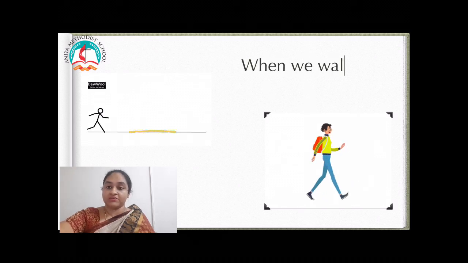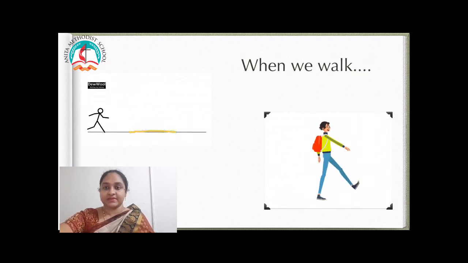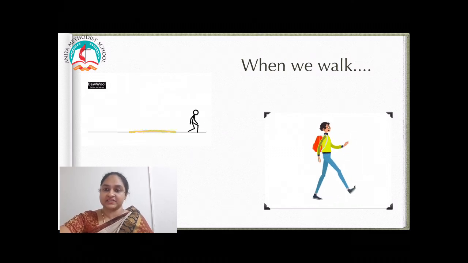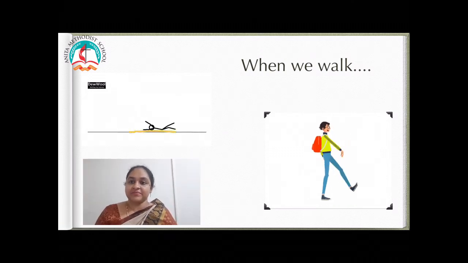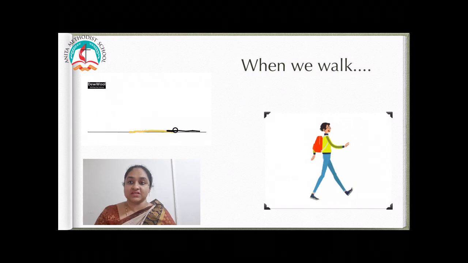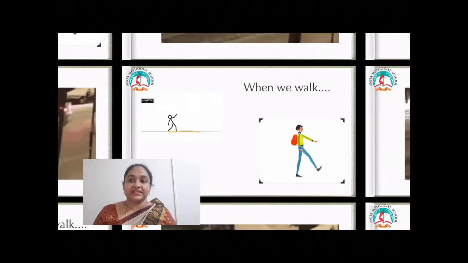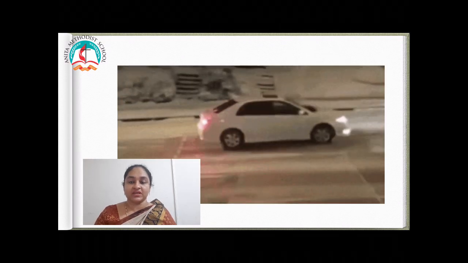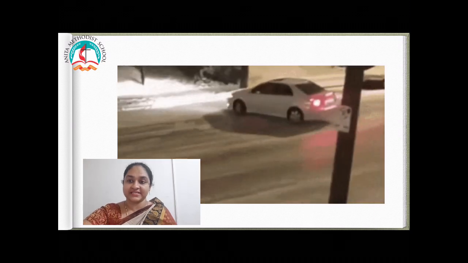But when you walk on wet surfaces, the friction is less and you tend to slip and fall easily on wet surfaces. Example for what can happen if we do not have friction wherever we need it. This is a road covered with snow and the car has lost control. It's sliding on the road as the friction is very less.